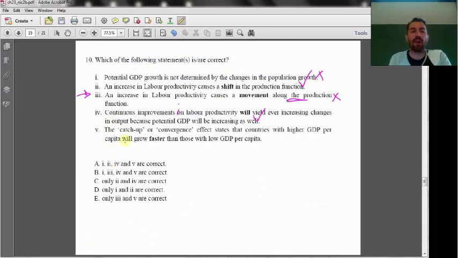And number 5, the catch-up or convergence effect states that countries with higher GDP per capita will grow faster than those with low GDP per capita. Is that true? You say it's not true. Why do you think it's not true?